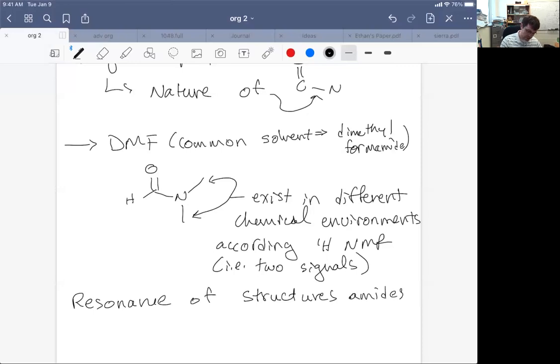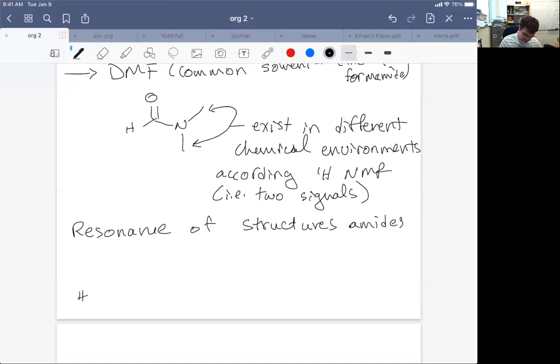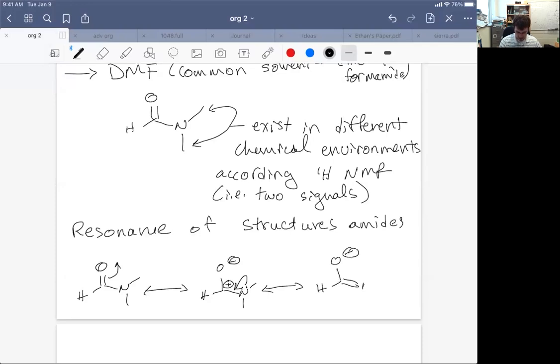Okay, the first is if we look at this structure, we want to consider a resonance structure. The first one I would go to is one in which the carbonyl has charge separation. There's a negative on the oxygen and a positive on the carbon. Okay, but if you recall from the resonance structure lab, we wanted to look at a resonance structure where the lone pair from nitrogen could come over and neutralize the positive charge on that carbon. It turns out that that is a better resonance depiction than the middle resonance structure.